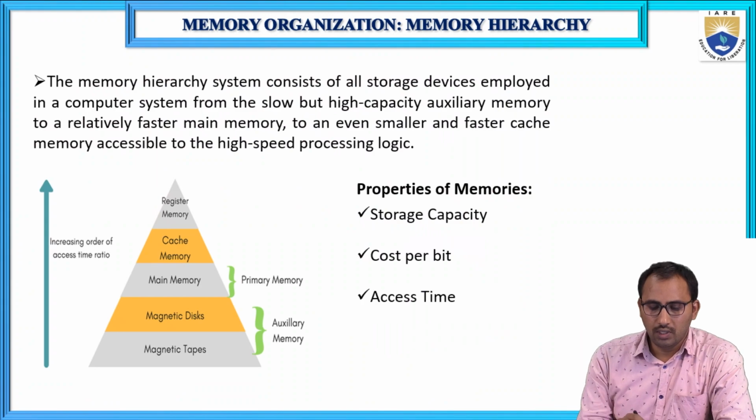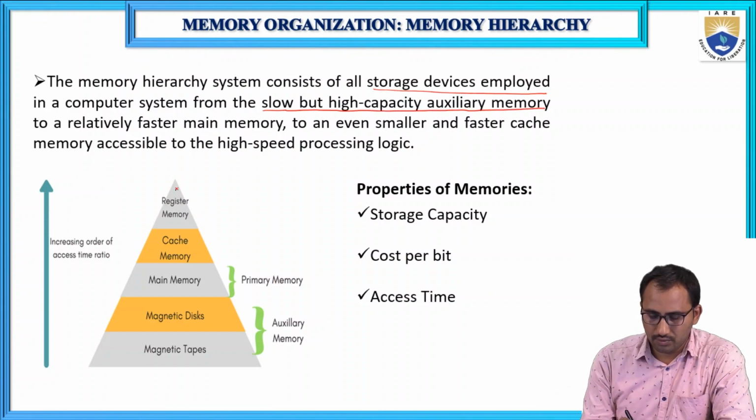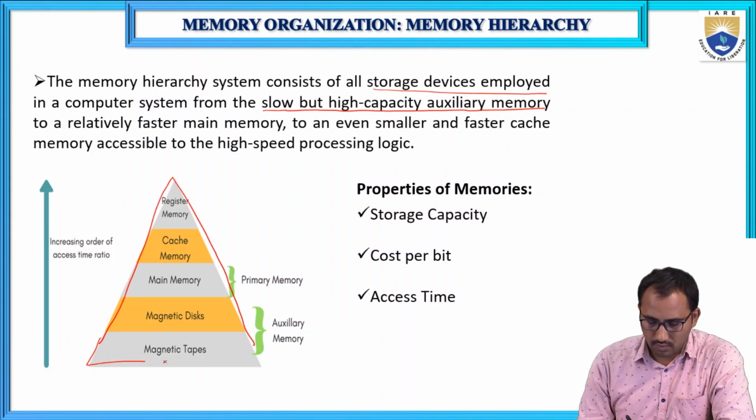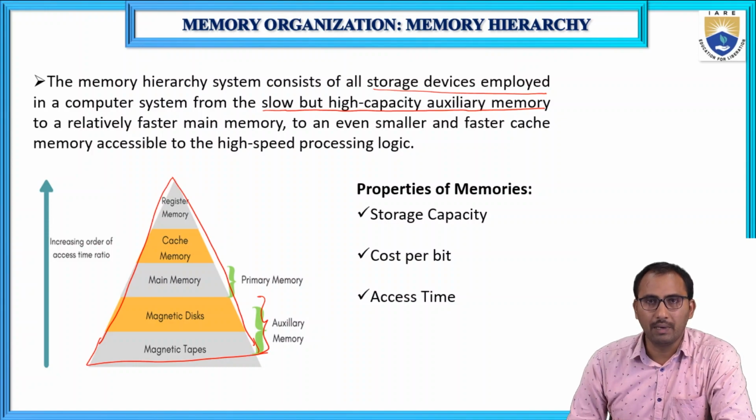So the memory hierarchy system consists of all storage devices employed in a computer system, from slow but high capacity auxiliary memory. So these are the auxiliary memory. The structure will be like this. These are arranged in a hierarchy. At the bottom, the two memory devices are auxiliary memory.